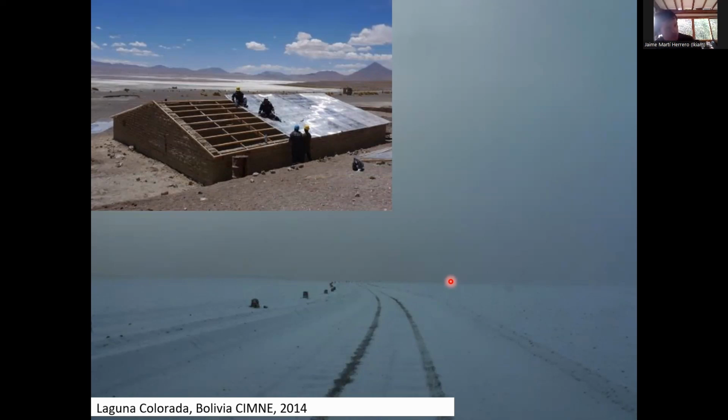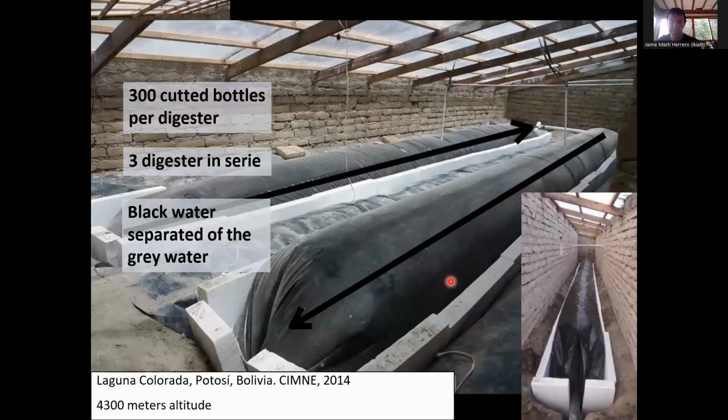And we did what we know how to do, which is this big greenhouse with adobe walls. Inside this greenhouse, we put some digesters, with 20 centimeters of insulation. So this is a lot of insulation.